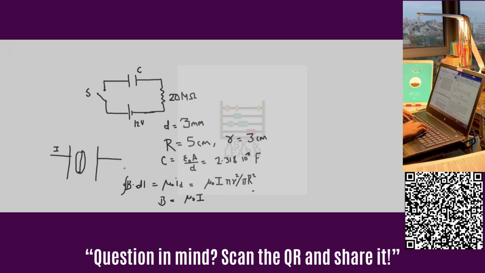From the integral of B dl, the equation is now B equals mu naught I r divided by 2 pi capital R squared. Since we know all the terms in this equation except for I, we now need to find what I is.